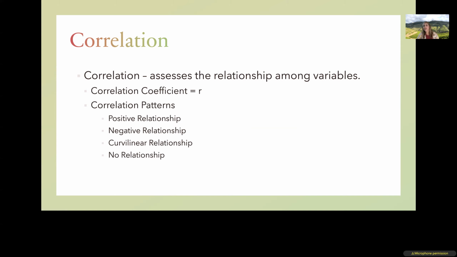So two variables can have four different types of relationships with each other. Let's take self-disclosure and intimacy. If you were to think about that, how would you think those two variables would go together? A lot of people would say the more self-disclosure you have, the more the intimacy level goes up.